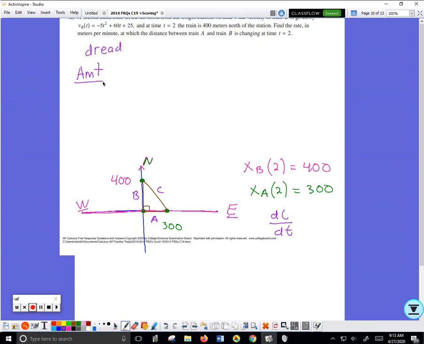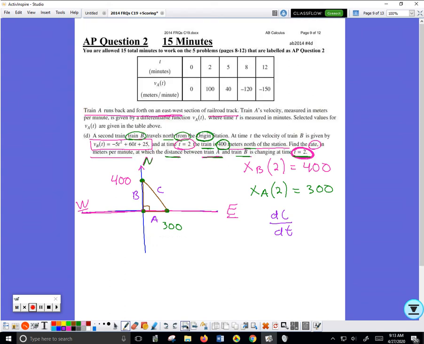It's just a triangle, and the triangle is growing because the trains are moving. One is going north, one is going east. Well, let's see, time equal 2. We have the table. So at time equal 2, yes, train A is also going east because the velocity is positive.